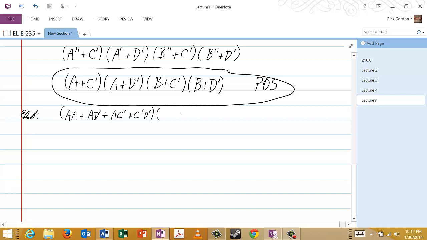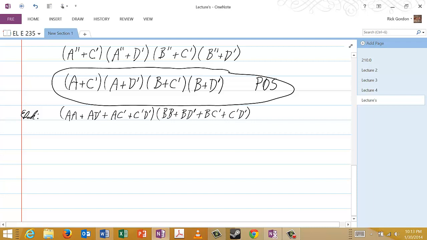And we get a very similar kind of thing with the second two terms. We get BB, or BD complement, or BC complement, or C complement D complement.